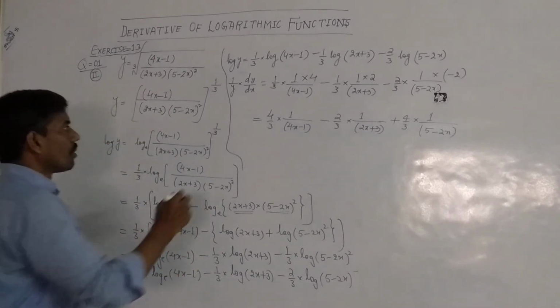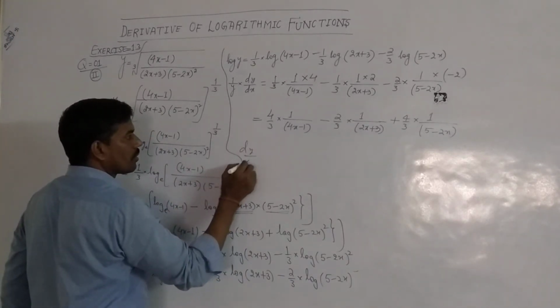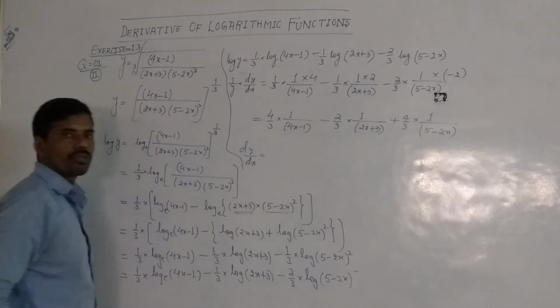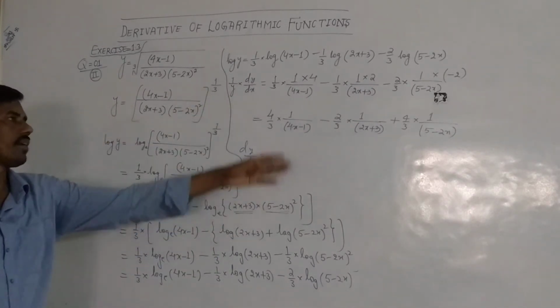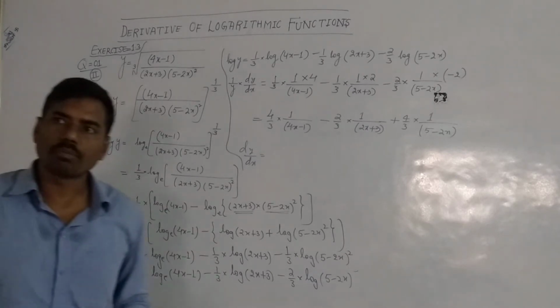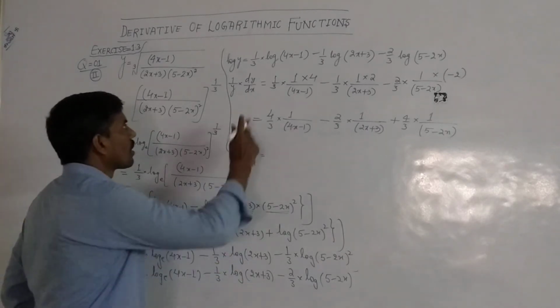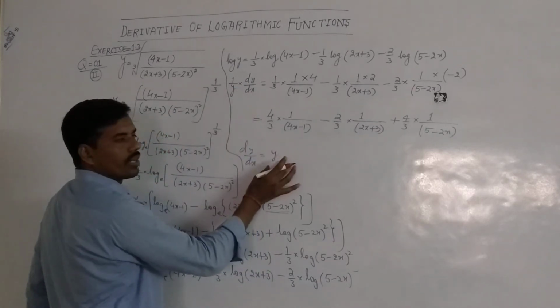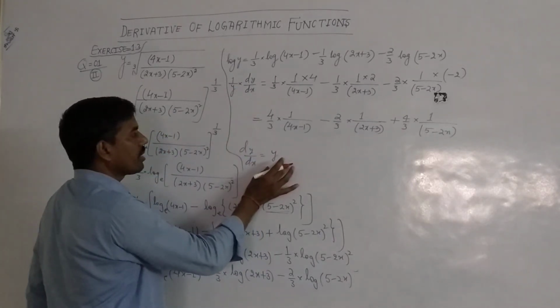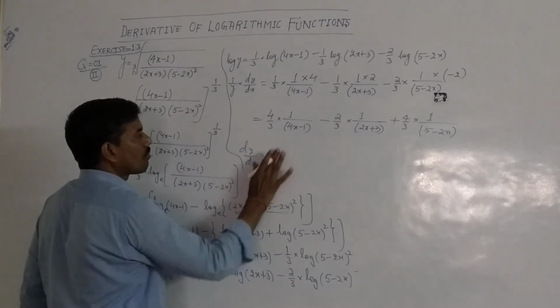Clear? But we have to find dy by dx. So 1 upon y goes to the right hand side, y is multiplied with the whole function. Y is equal to, here is 1 upon y and y. But we have to find the value of y.